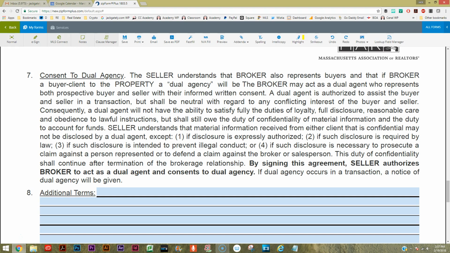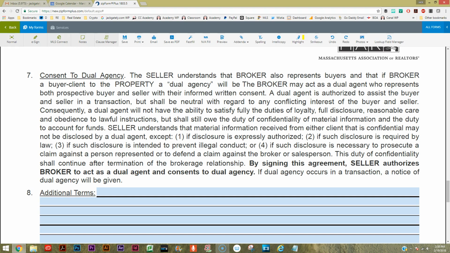So should you be showing the property or even hosting an open house, for instance, it would always be a best practice to have the state authorized form. I think I'll put a link into the bottom of the website here, into the video description, so that you can get any buyer's consent to dual agency before you get into any details of their offer.